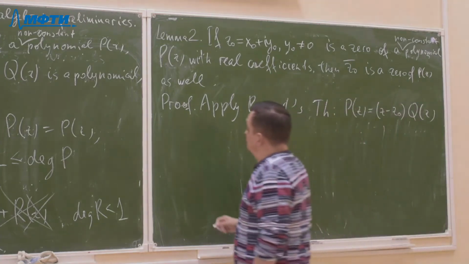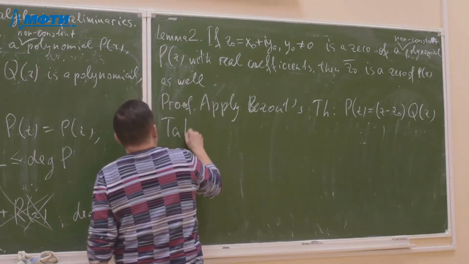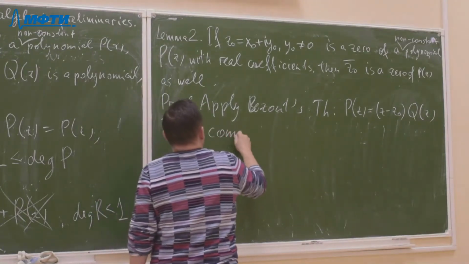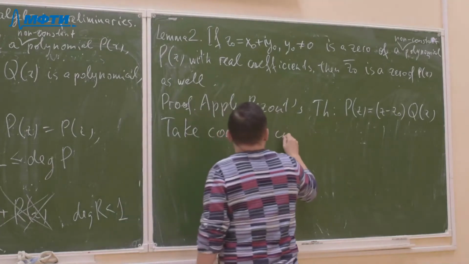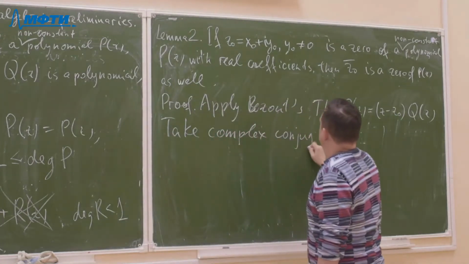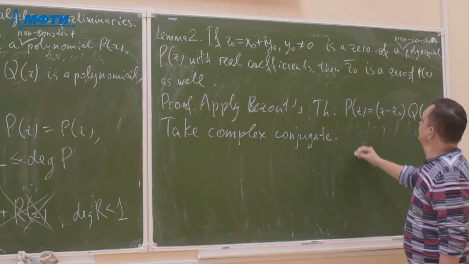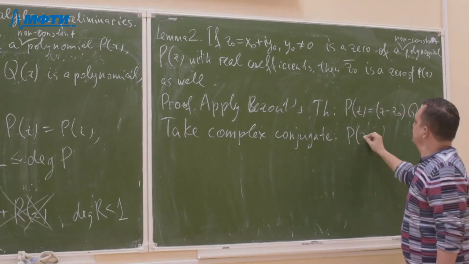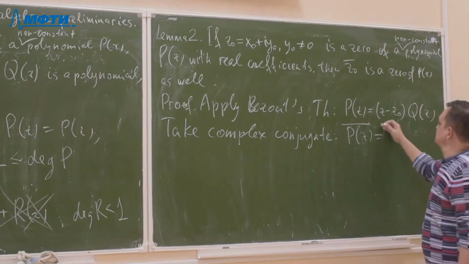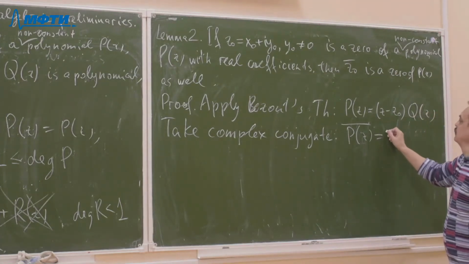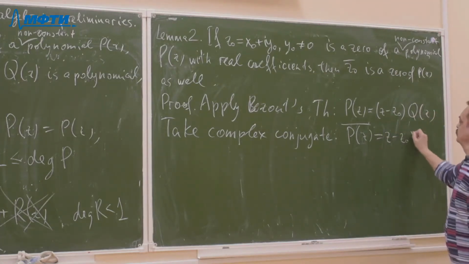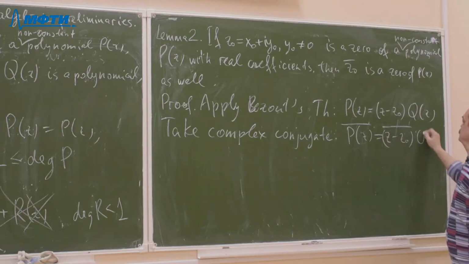Now take complex conjugate. So we have p of z conjugate equals z minus z naught conjugate times q of z conjugate.